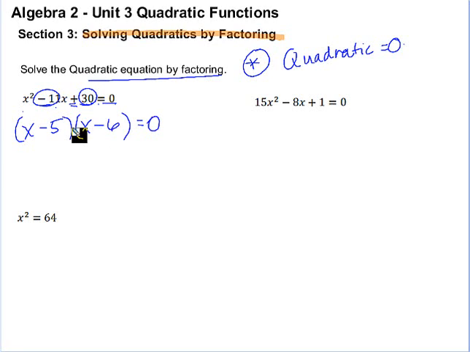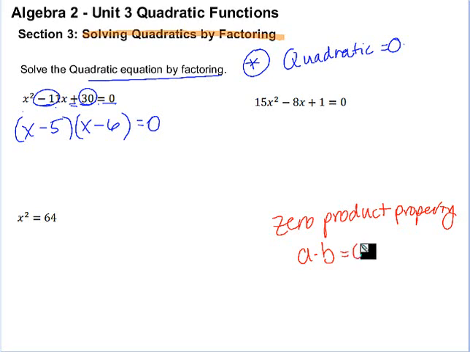And then here, we can use our zero product property. Our zero product property tells us that if we have two things that are multiplied together that give us 0, either A would be 0 or B would be 0. So we factored our trinomial, so now we have two things being multiplied together that gives us 0.